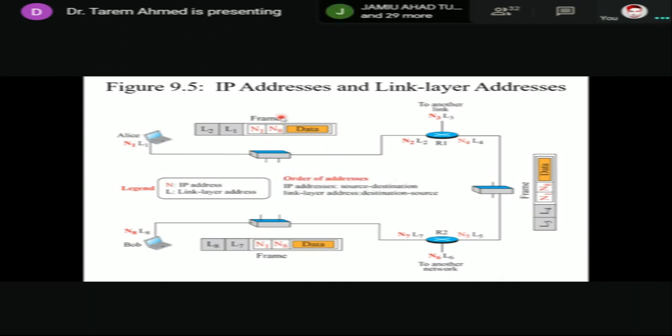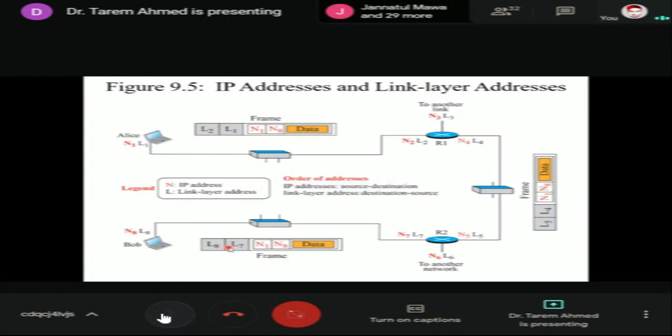Each one keeps the data part. And as far as the link layer is concerned, it's a very important point: for the link layer, the data part includes the IP addresses. For the link layer, the data part includes the white part and the brown, or whichever color is inside.